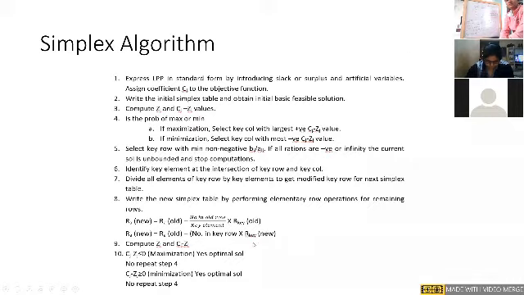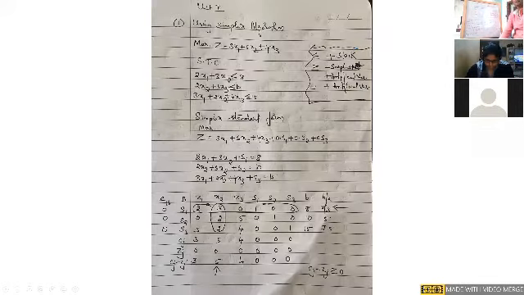Okay, so this is the algorithm which we will be using. So if I go to the next slide. Okay, now see your first question. If it is required, I'll show you some calculations.